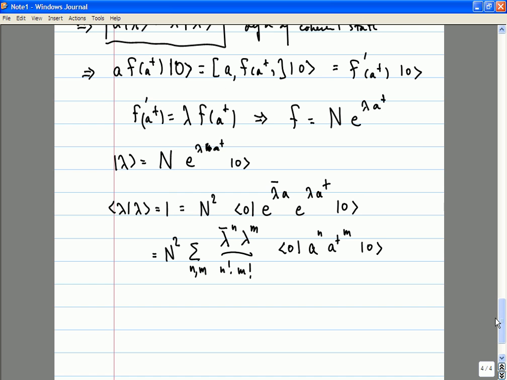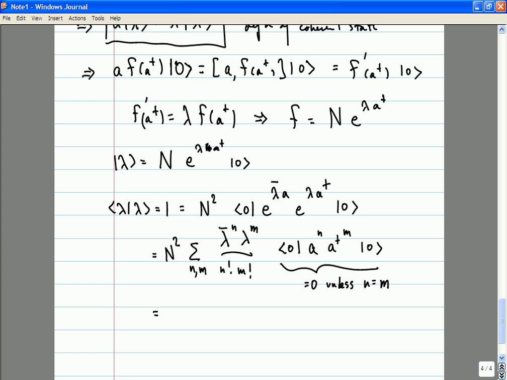And the first thing that you see about this expression is that this expectation value vanishes unless n is equal to m. Because this is basically the overlap between the energy eigenstate with eigenvalue n and the energy eigenstate with eigenvalue m. And eigenstates of a Hermitian operator with different eigenvalue are always orthogonal.